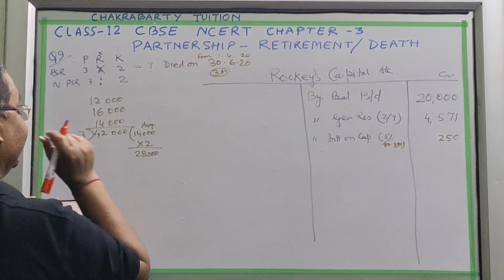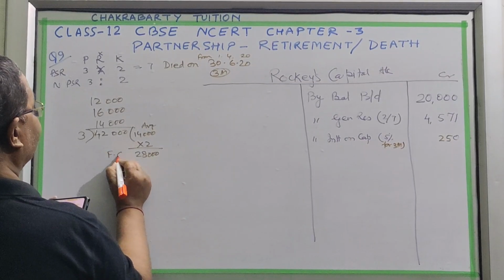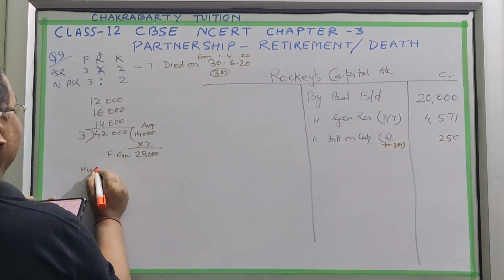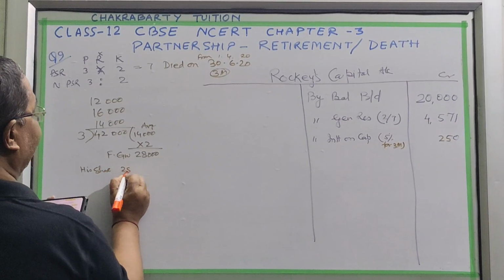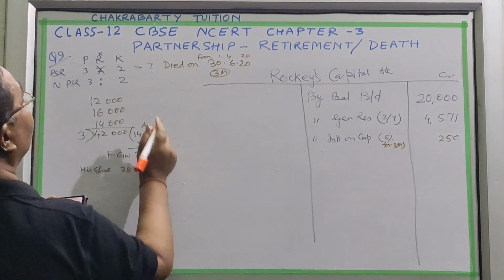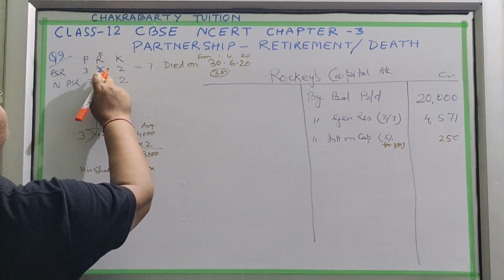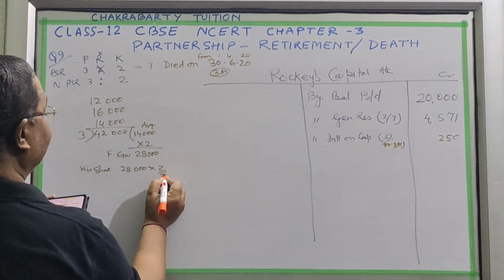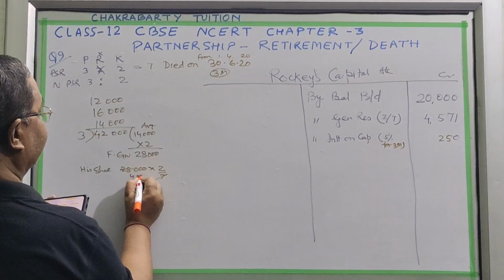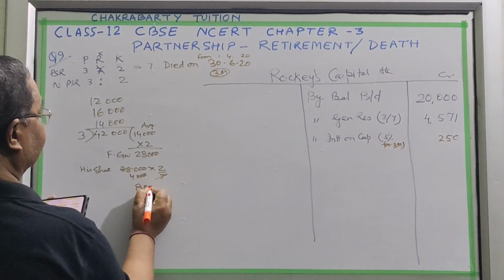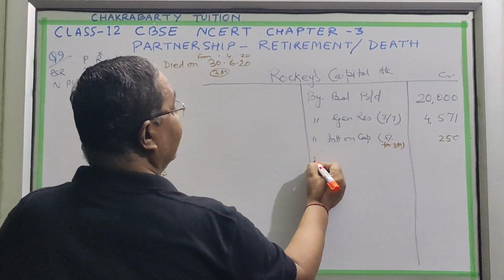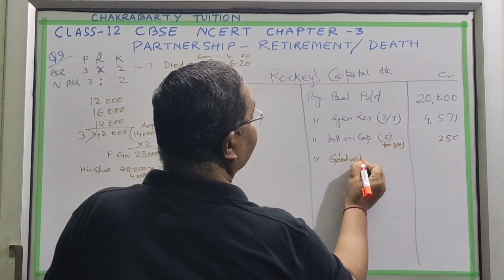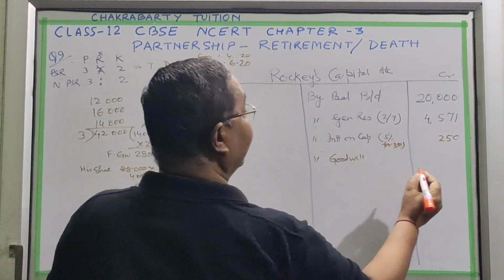This is the firm's goodwill. His share will be 28,000 into 2/7. His share is 2 and total is 7, so 7 fours are 28, 4 twos are 8,000. So by goodwill, he will get 8,000.